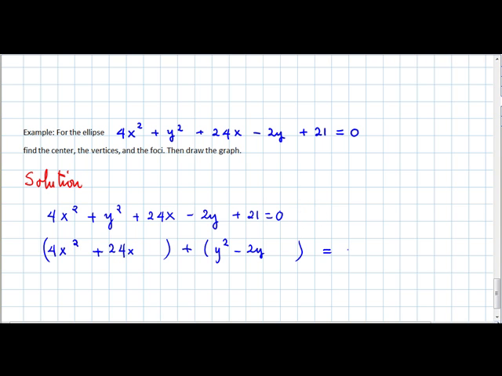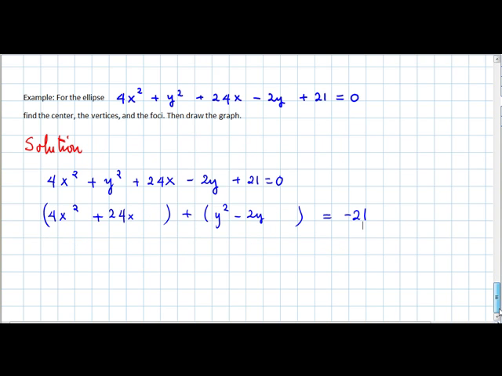So I have a minus 21. Now we go ahead and complete the square. Completing the square is easier if the coefficient multiplying x squared or y squared is 1. Since I have 4 here, I'm going to factor out the 4.